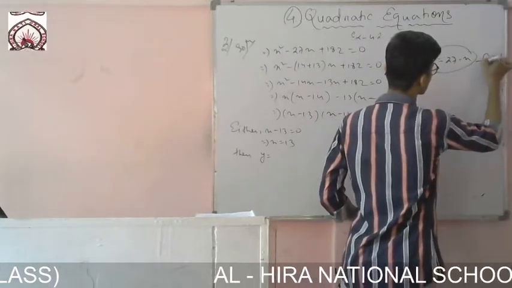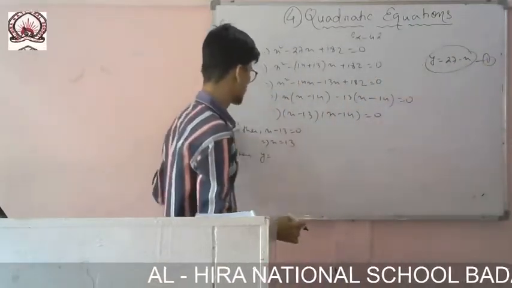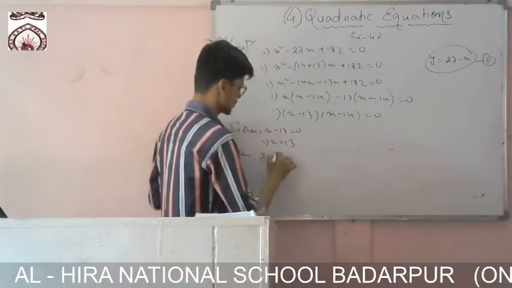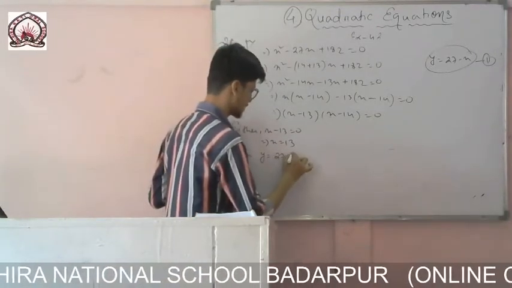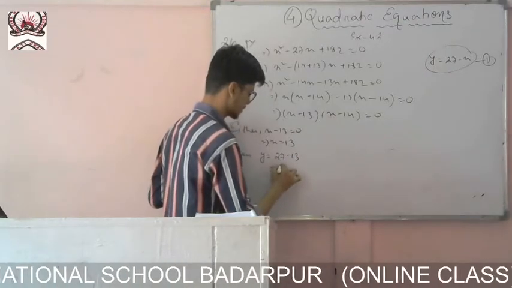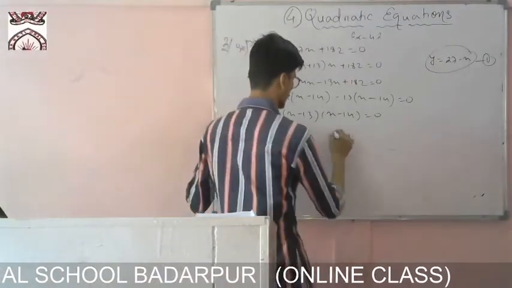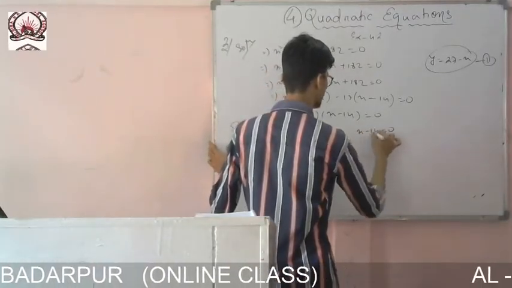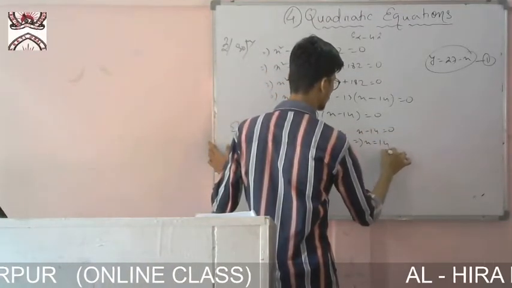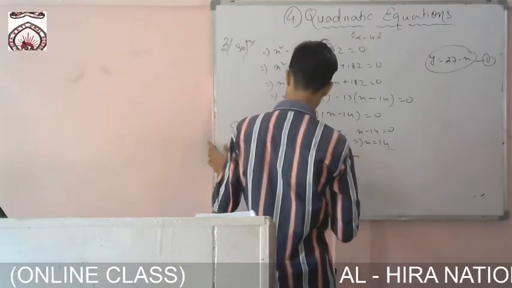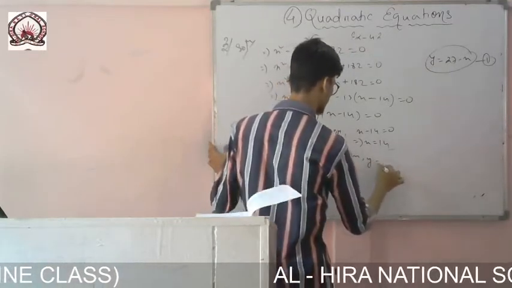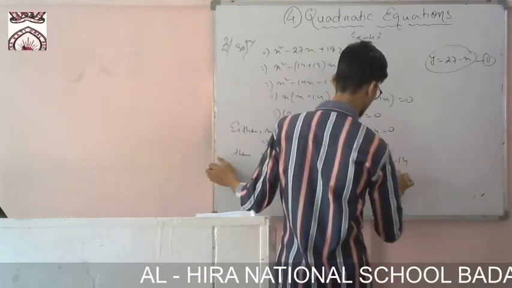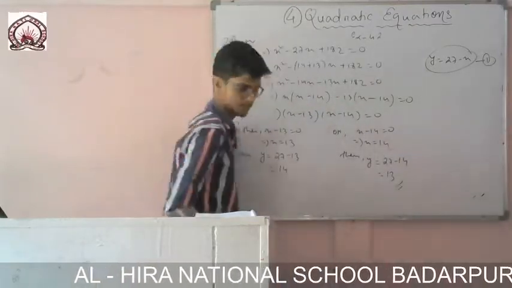So if x equals 13, then y equals 27 minus 13, which is 14. Or x minus 14 equals 0, x equals 14. If x equals 14, then y equals 27 minus 14, that is 13.